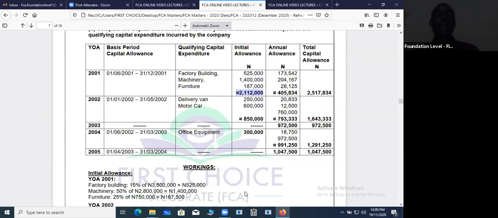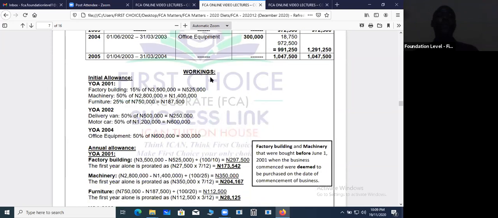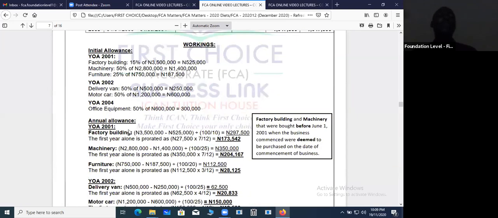Let's look at the annual allowance computation. We said that the factory building and machinery were bought June 1 when the business commenced, and were deemed to be purchased on the date the business commenced.